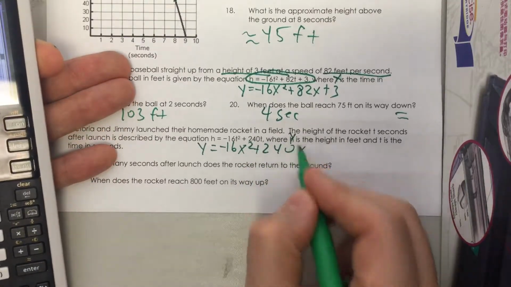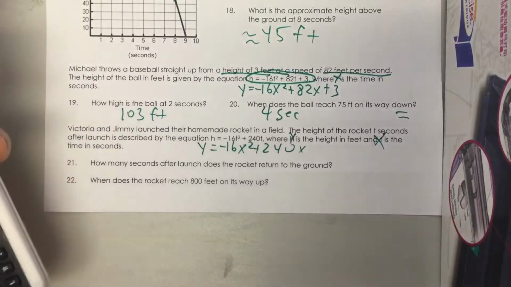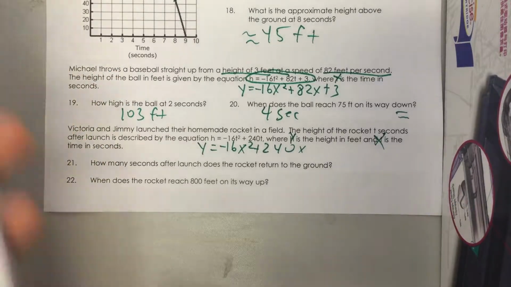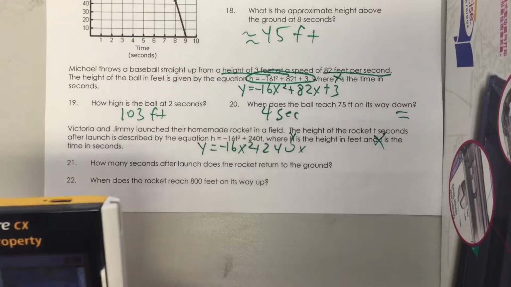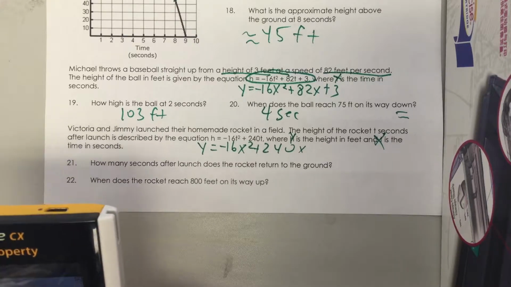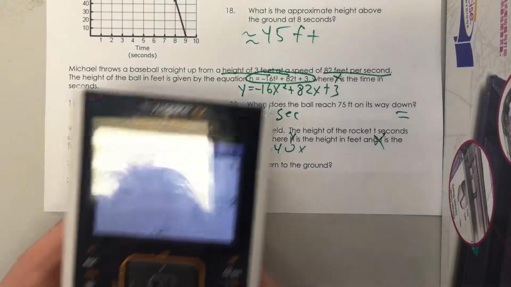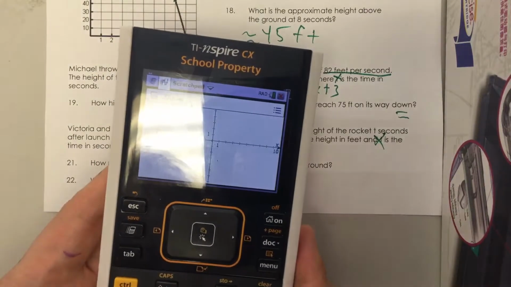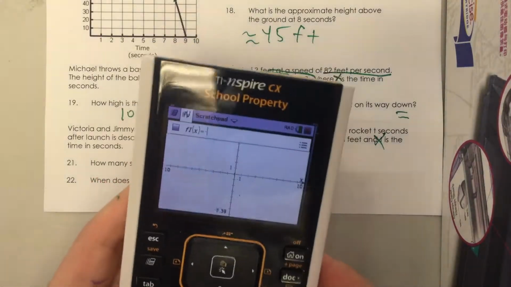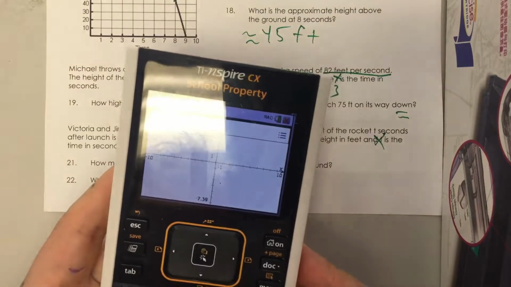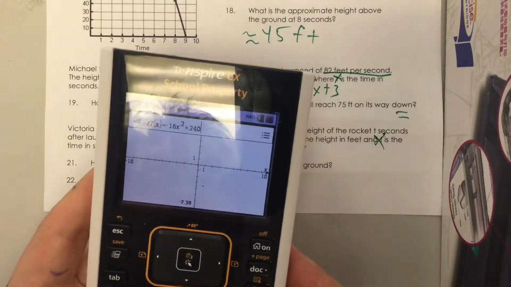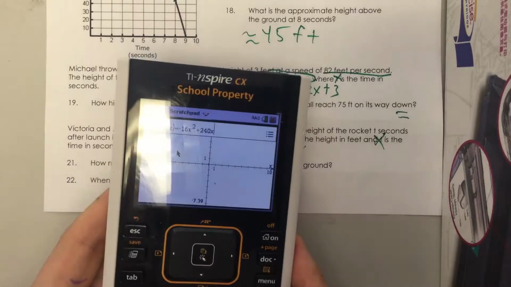Y is the height, and x is the time. You can do that so you don't get confused with the t's and the h's. Okay, let's type it in. Negative 16x squared plus 240x.